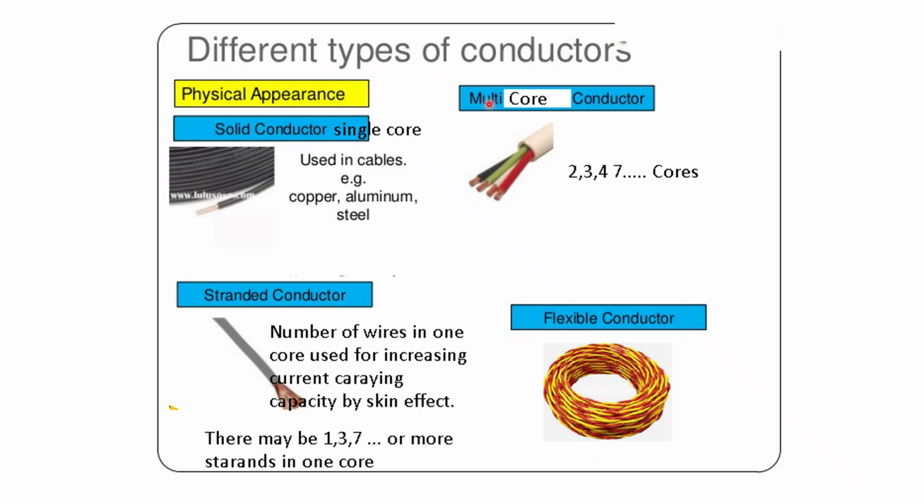We may have multi-core cable, multi strands may be there in individual one lead. Stranded conductor. Numbers of wire in one core used for increasing current carrying capacity by skin effect. There may be 1, 3, 7 or more strands in one core.